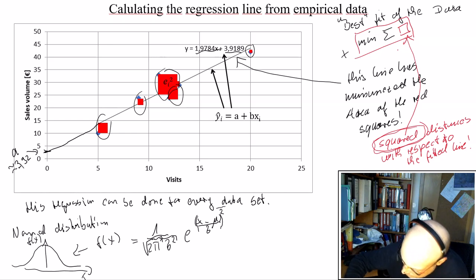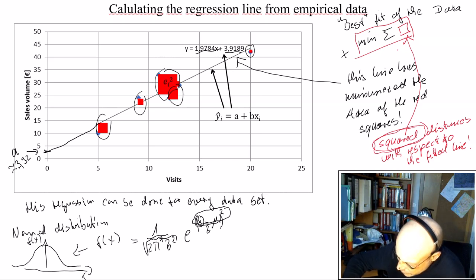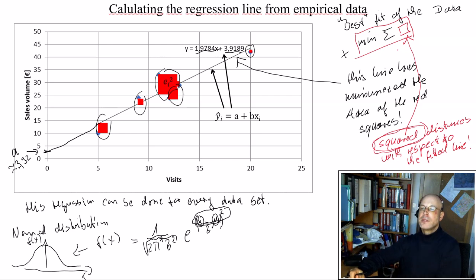And in describing the normal distribution, you have, in this case here, the squared distance of your data point with respect to the expectation value. And for the expectation value, we quite often take just the mean.